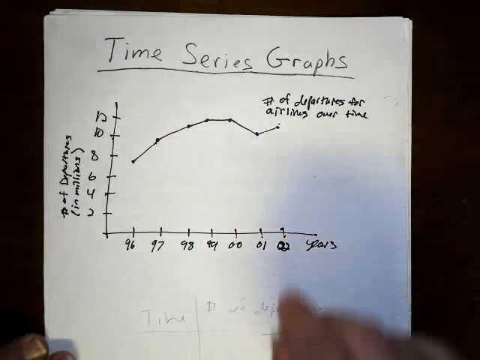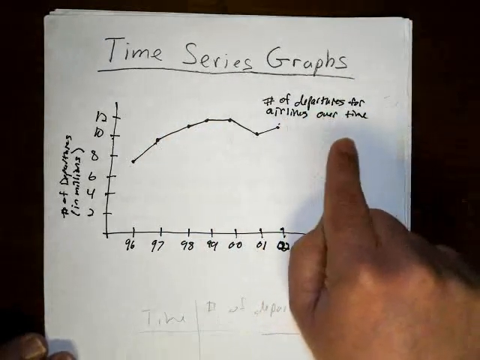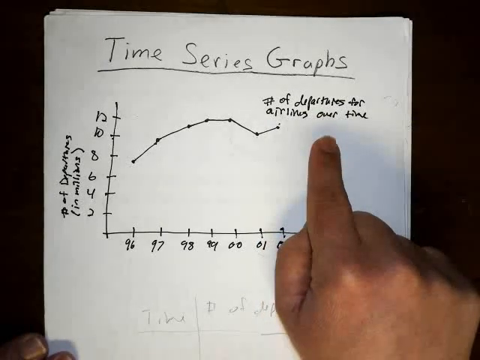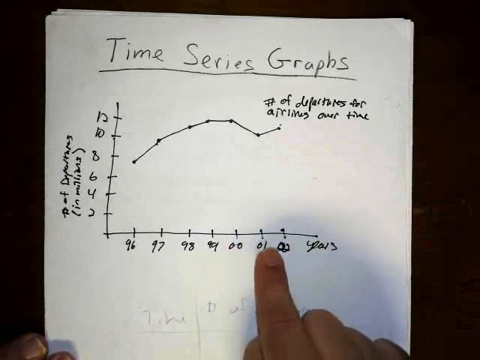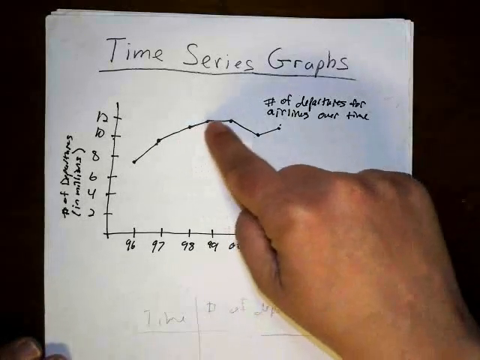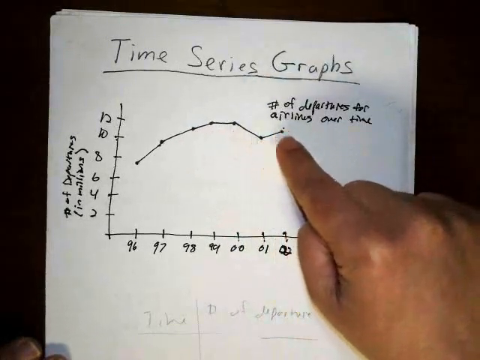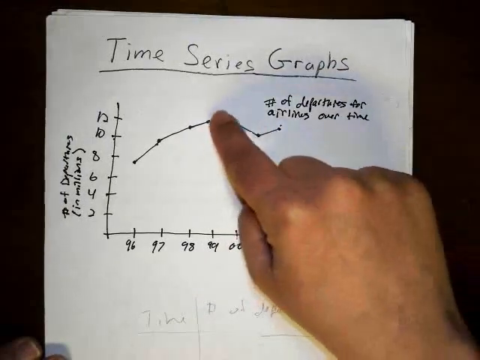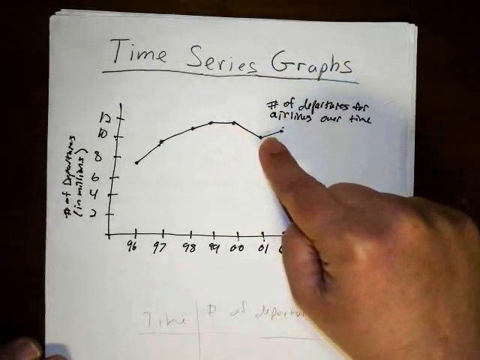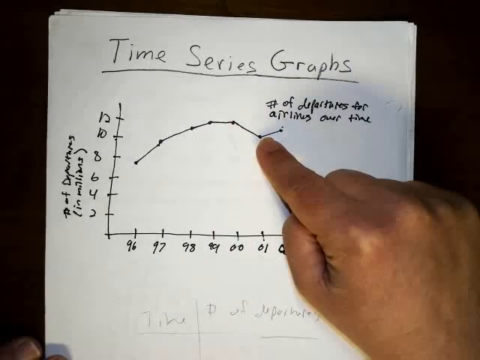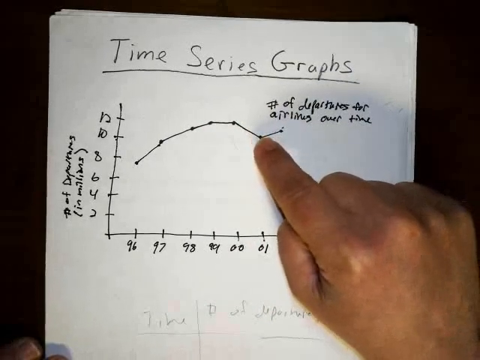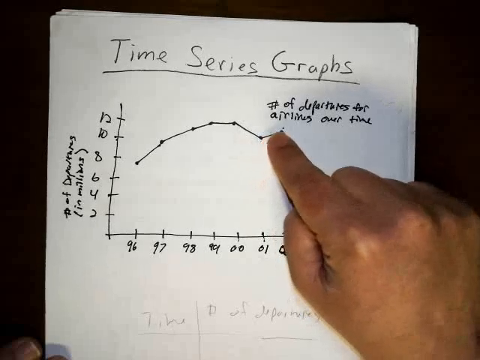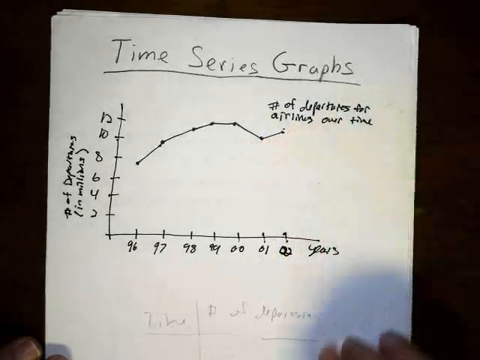I thought this was an interesting one because you can see that it takes a dip in 2001, and you can probably guess why that is. That was 9/11. There was a period of time they didn't even allow people to travel on the airlines, and then since then it's gone up.